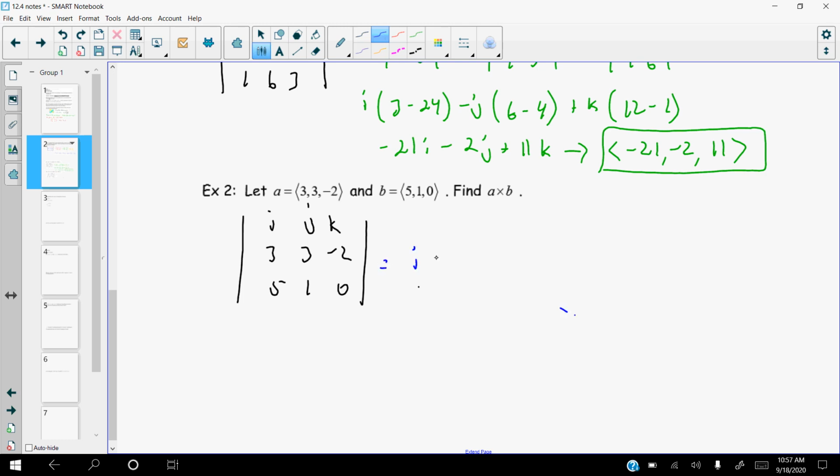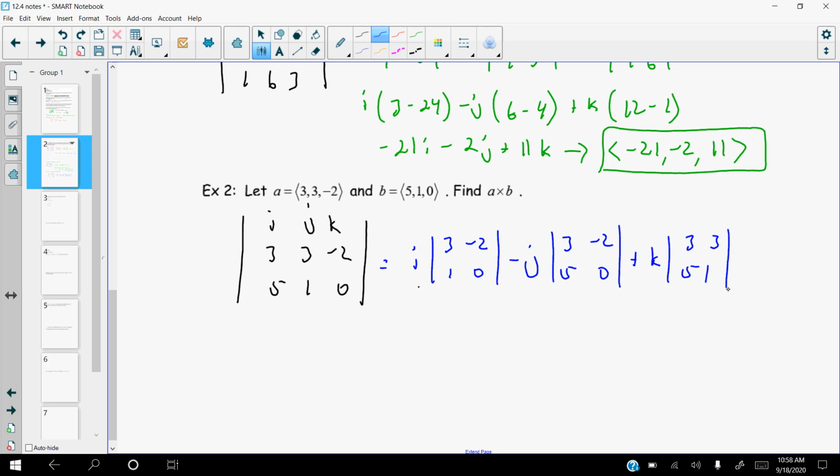So eliminating the I row and column is going to give us 3, negative 2, 1, 0. Eliminating the J row and column, don't forget to subtract the J, is going to be 3, negative 2, 5, 0. And then the K row and column is going to leave us with 3, 3, 5, 1.